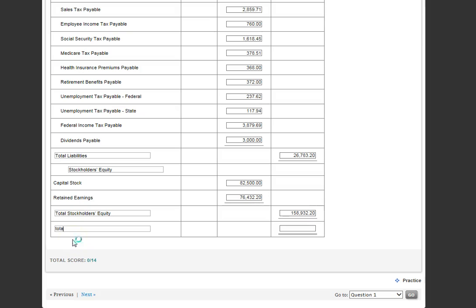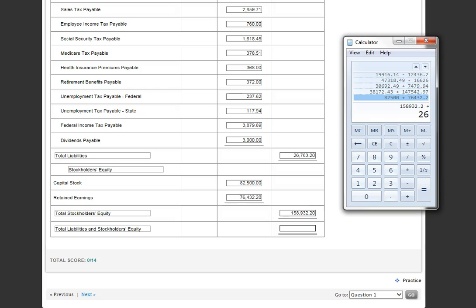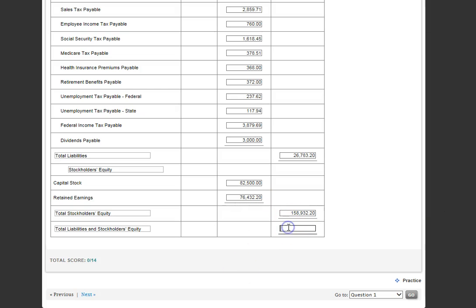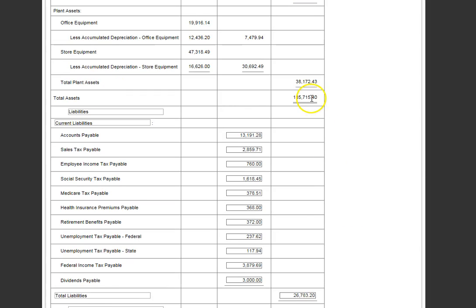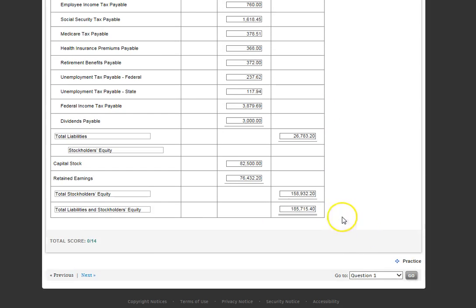And then total liabilities and stockholders' equity, $185,715.40. And if you look, that matches this. We did it. Good work.